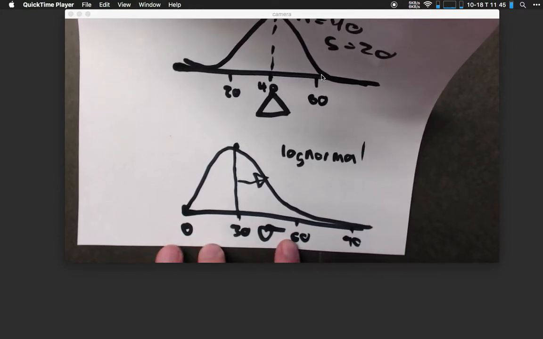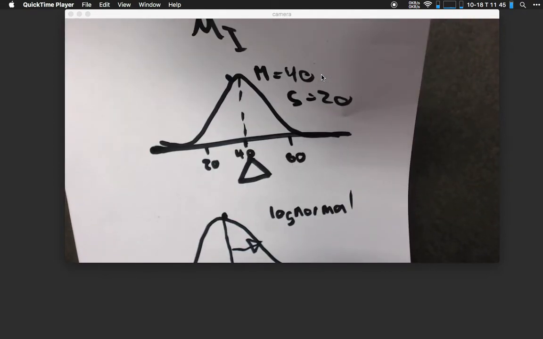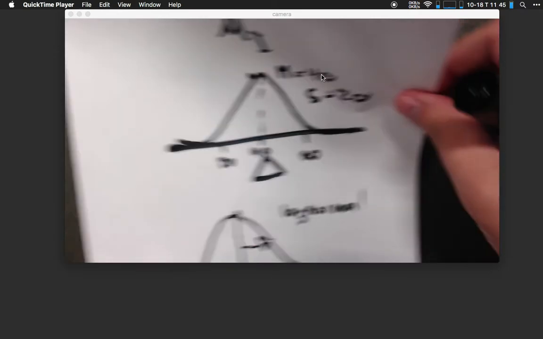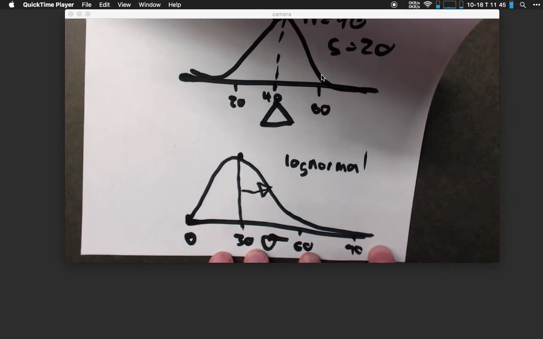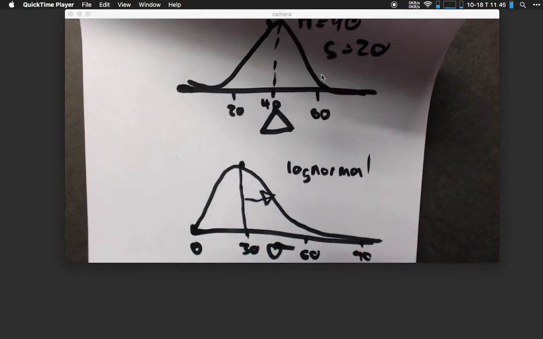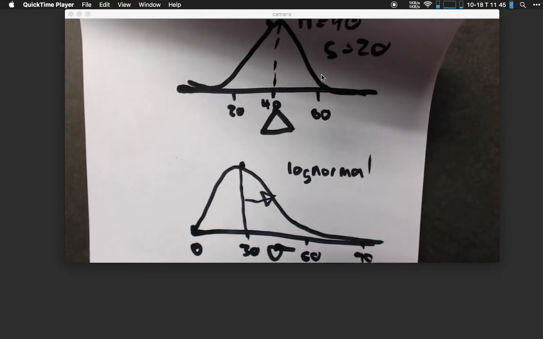Log will take all the numbers from 0 to infinity and pull them out so that you go from negative infinity to positive infinity. The reverse of that is to take everything from negative infinity to 0, squish that into 0 to 1, and then take all the values from 0 to positive infinity and start increasingly stretching them out.